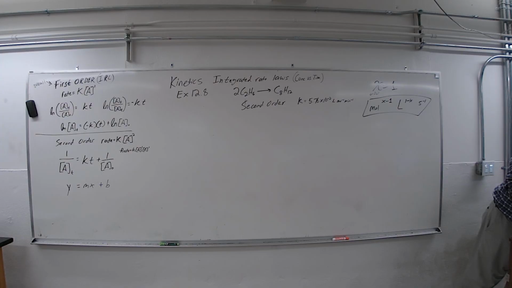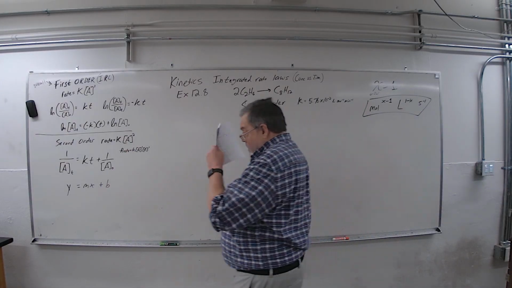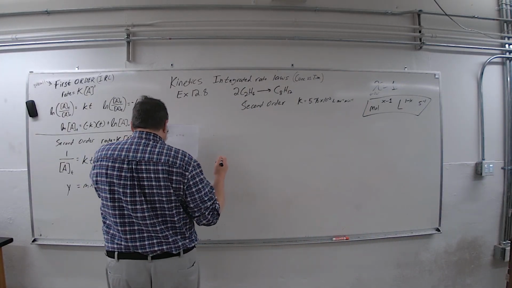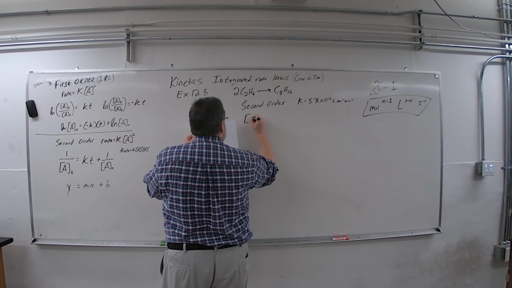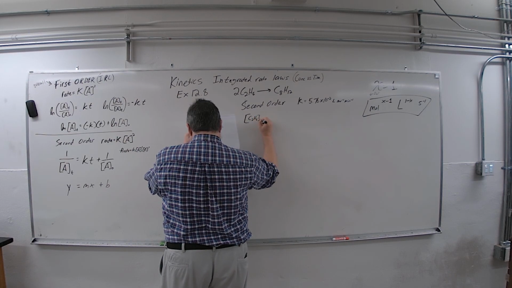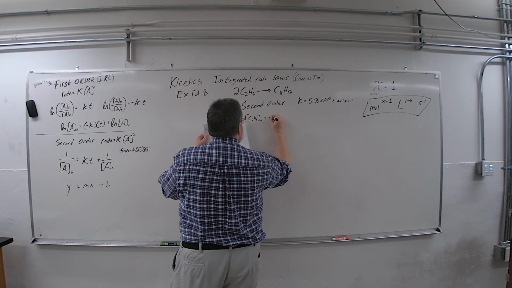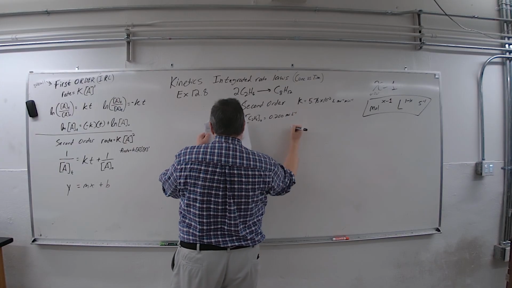Okay, it just did it in a different order. They tell you that the initial concentration of C2H6, and since it's the initial, I'm going to put 0 here. Mole per liter.